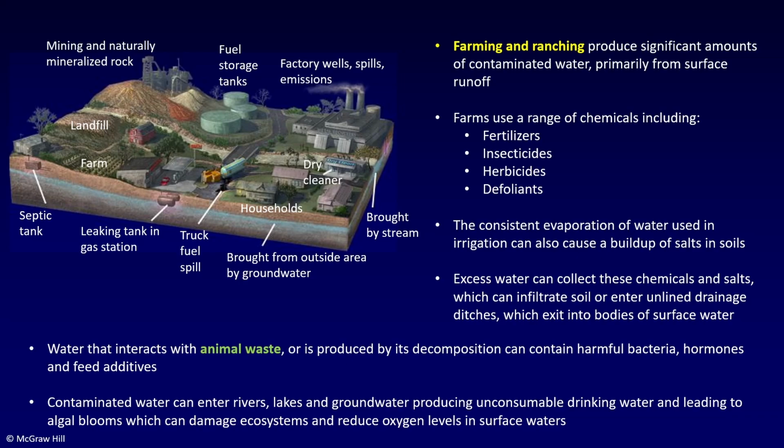And so this can lead to reduced oxygen levels in your body of water, which will obviously then again damage your ecosystem. So that's going to lead, for instance, to fish dying off. And in some extreme cases, you can end up with bodies of water becoming nearly completely oxygen free.